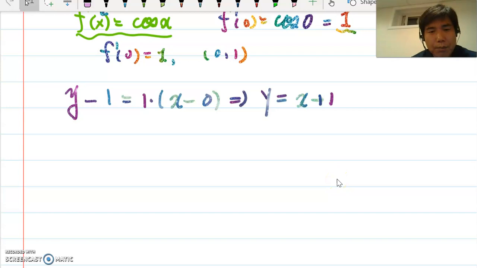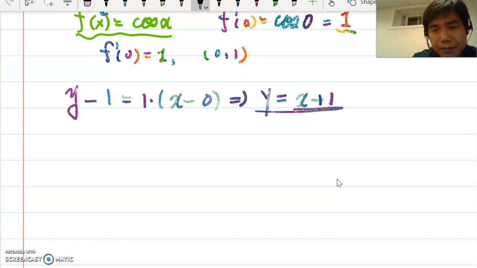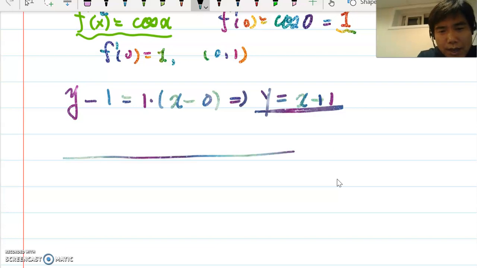Now let's approximate the outcome for nearby x values. This is basically the approximation by the linear function, centering on x equals 0. So I'm going to put 0 here.